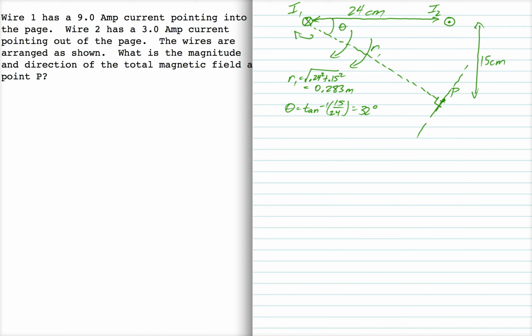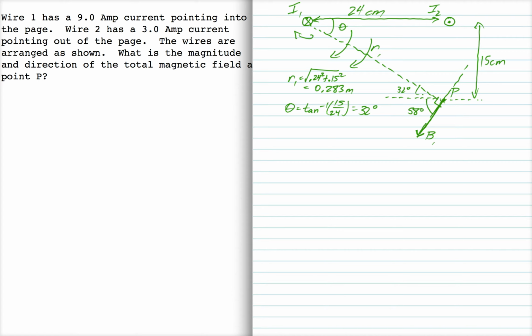That means that the magnetic field due to I1 is going to point down like this. That's B1. Now, let's see, if I draw a horizontal line for reference, I know this angle is 32 degrees, and since this angle plus this angle have to add up to 90, that tells me that this angle is 58 degrees. Okay, so B1 points 58 degrees below minus x.